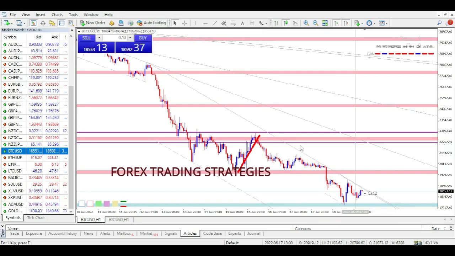I'll probably have an entry there, and obviously I'm targeting this zone. So you need to understand your risk to reward ratios. This will be my risk to reward ratio, probably 1 to 3 or 1 to 4. I don't know the exact ratio here. It's not easy to judge by eye, but you get the picture.